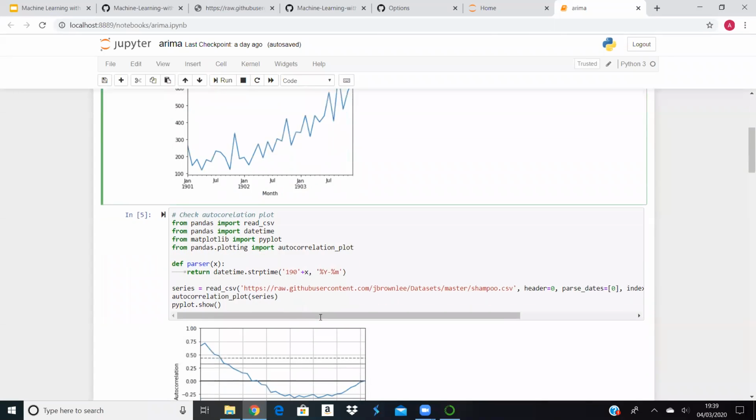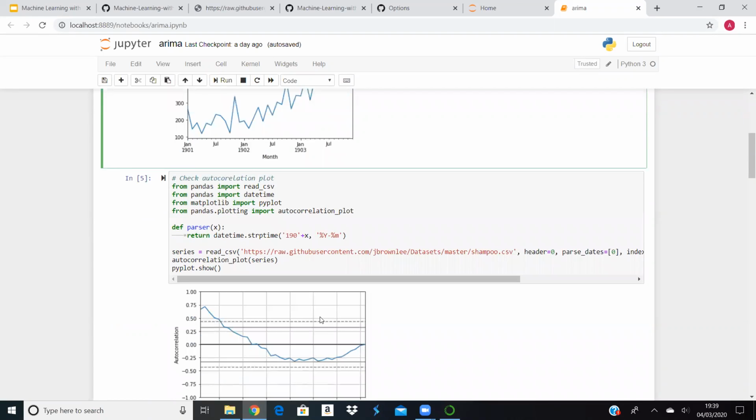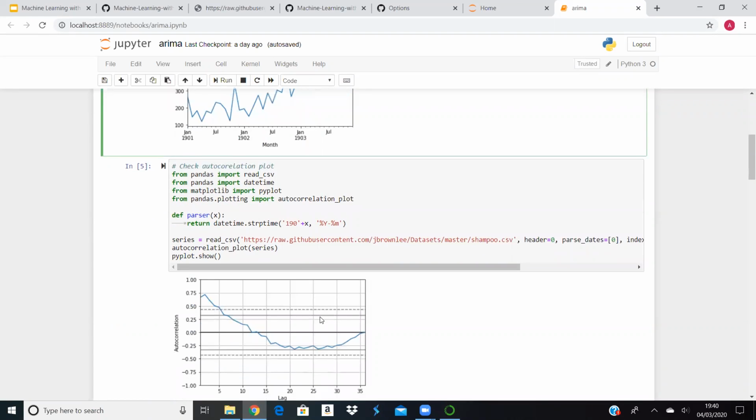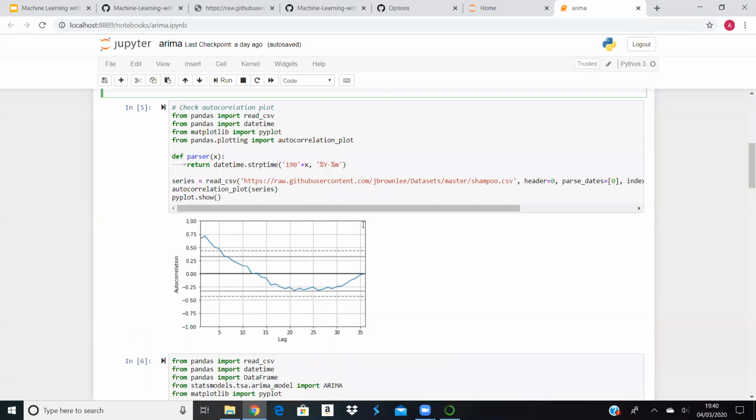So then there is this autocorrelation plot to see whether we can use this for our analysis. We have used the pandas library to help us find the autocorrelation plot. You can see that it is more uniform than our time series.